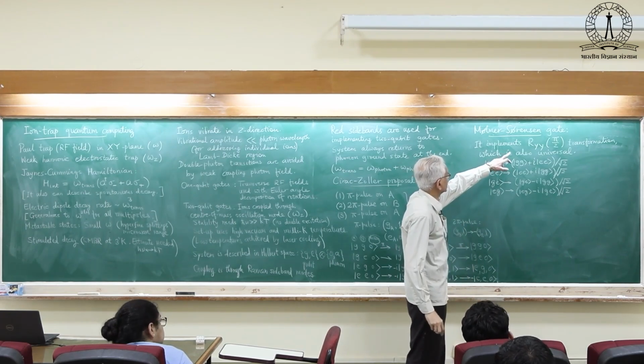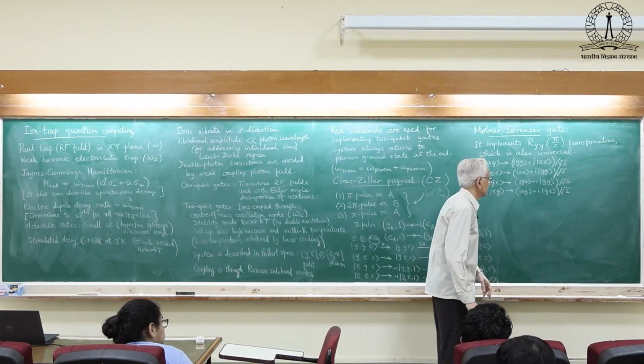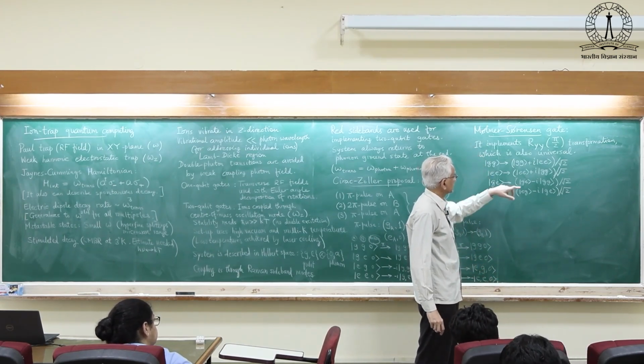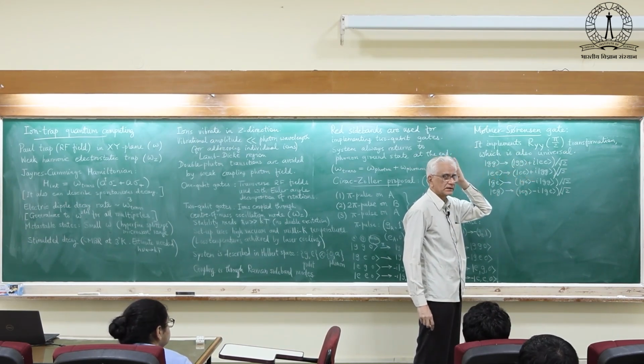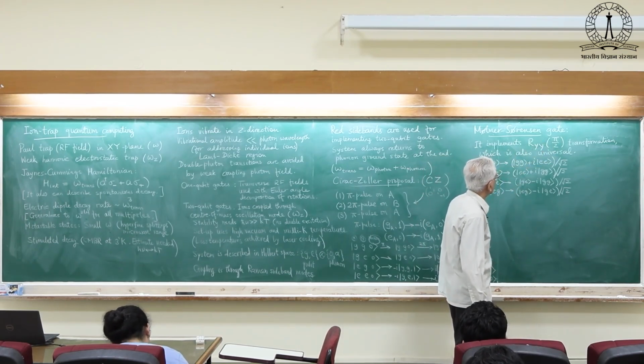This is just the definition of this YY transformation. It is a tensor product of two sigma y matrices, and the duration is decided by this pi by 2.